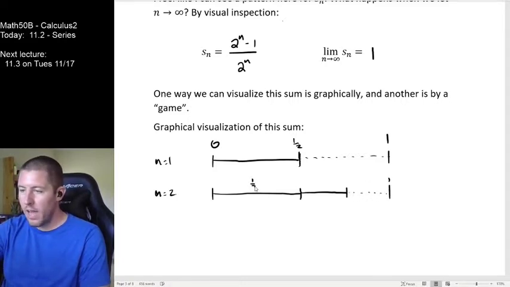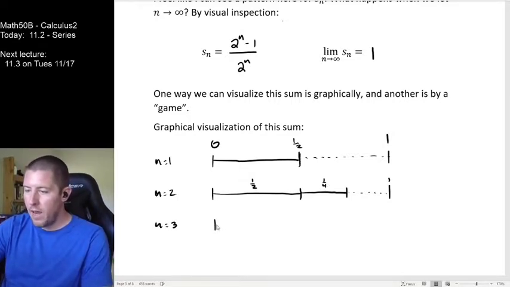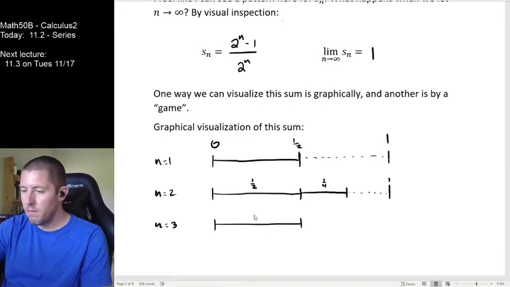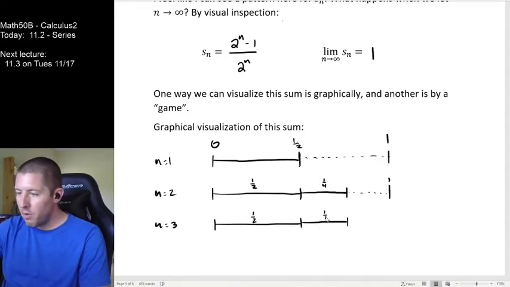So this is 1/2 plus 1/4. Now when we get to n equals 3, we're going to keep the 1/2. We're going to keep the 1/4. And I'm noticing that 1/8 is half of the remaining. There's 1/4 that's missing out here, and 1/8 is half of it. So it looks like we're going to go half the rest of the way to 1.